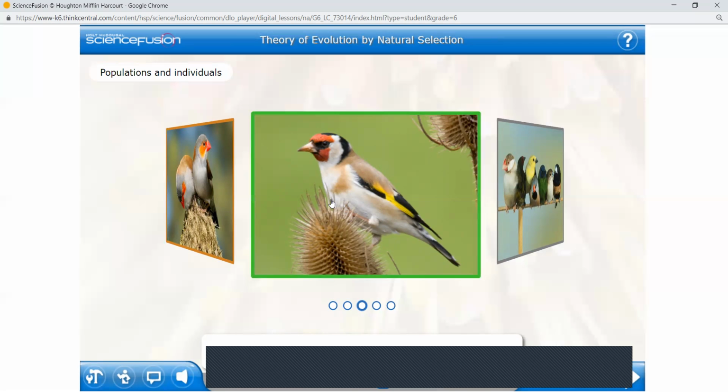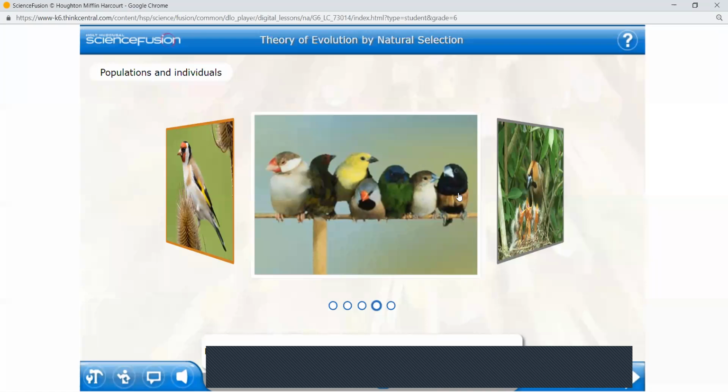Okay, let us continue here. A population consists of all individuals of a species that live together. Many people mistakenly think evolution applies to a single animal, but this view is incorrect. Evolution applies to an entire population or group of individuals of that species.